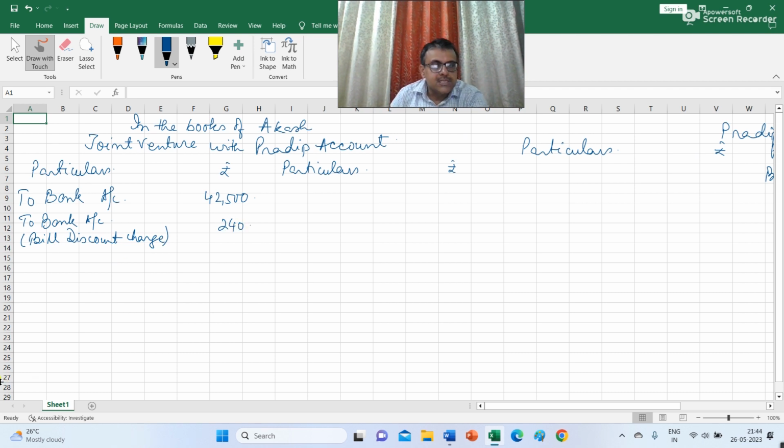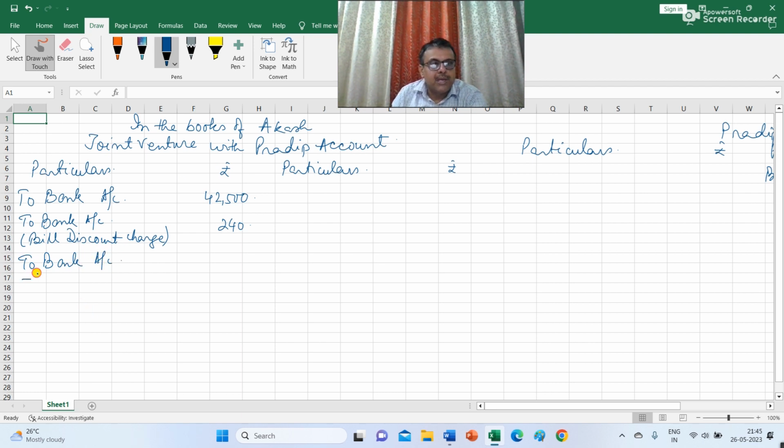The next point says that Akash paid rupees 300 for carriage, advertisement 500, and traveling 200. Since this amount has been paid by Akash, I have to write it here: joint venture account debit to bank, and the amount is rupees 1,000.